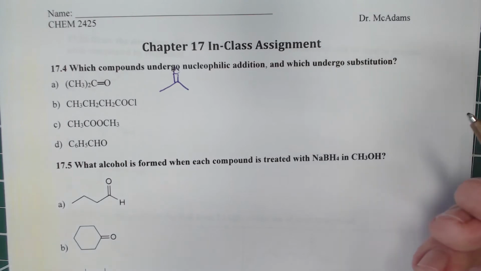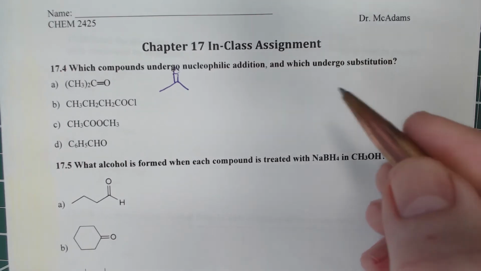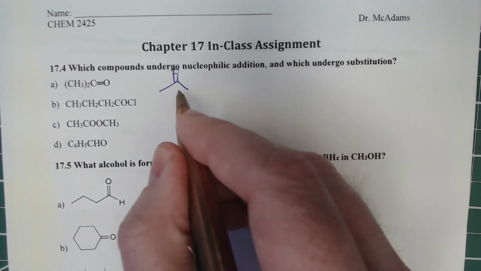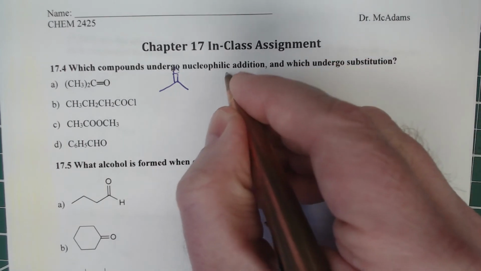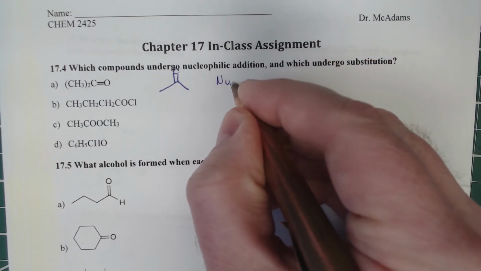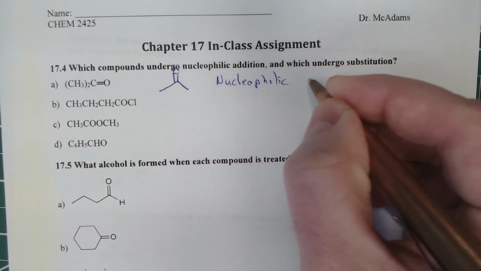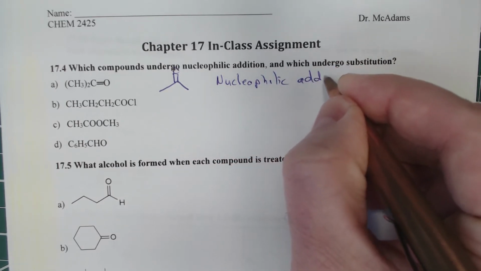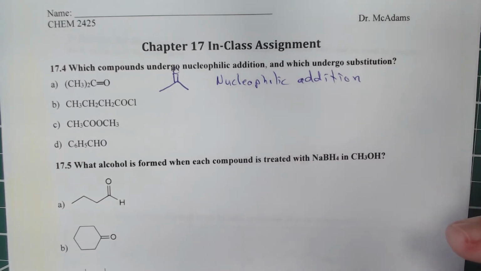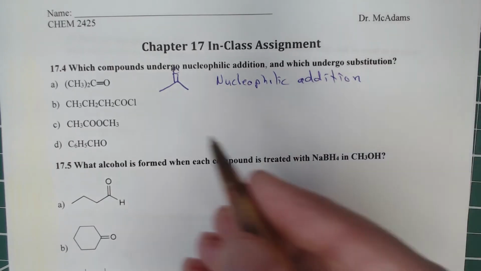This is acetone, a commonly used solvent in organic chemistry. Well, that's a ketone. Ketones, we know, only do nucleophilic addition. So we will get nucleophilic addition to this particular one.